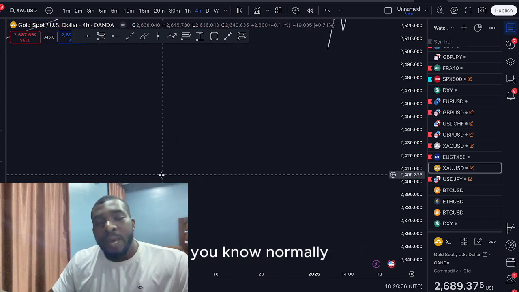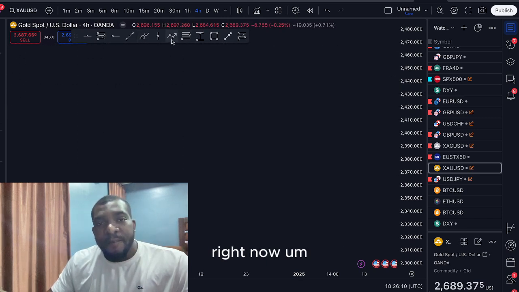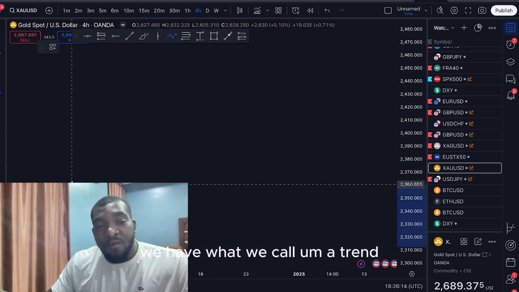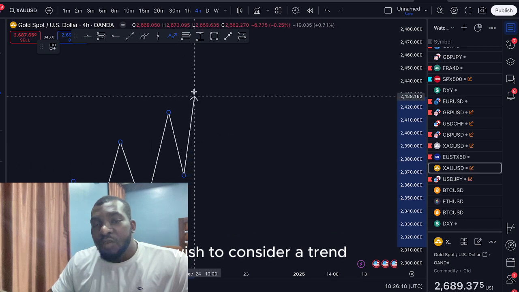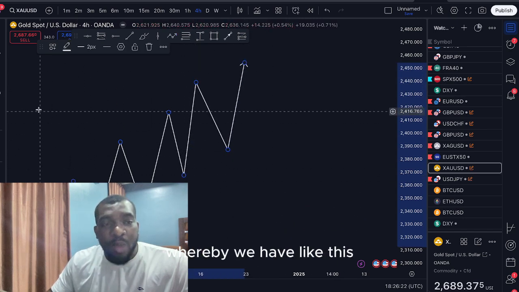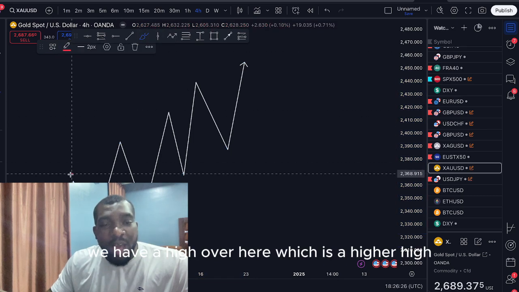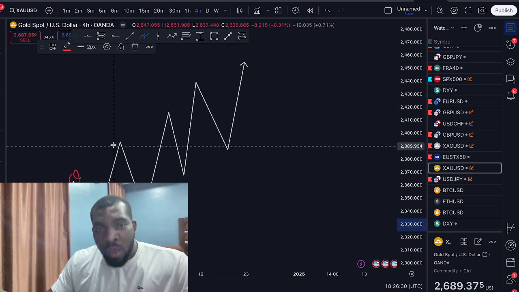You know, normally you understand that markets move in trend, right? Now, when price moves in trend, following the Dow theory, to consider a trend, we should be having new highs being broken. In this case, we have an uptrend: a high over here, which is a higher high, and a low, which is a higher low.